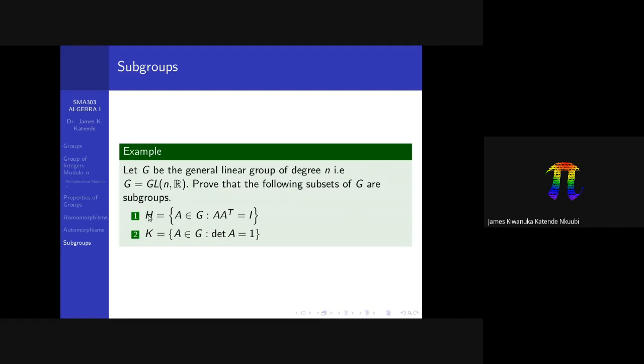We'll start with H. H is a set of all matrices in G which satisfies this property. So A, this means A transpose. This superscript here, capital T, means the transpose of A. So if you multiply A by its transpose, you will get the identity matrix. So we are claiming that this set is a subgroup of the general linear group. We shall prove that shortly.